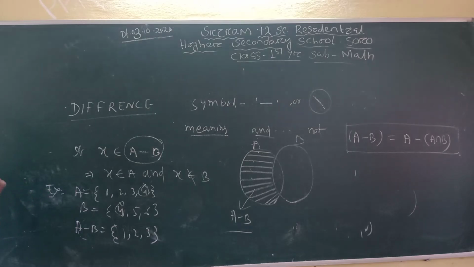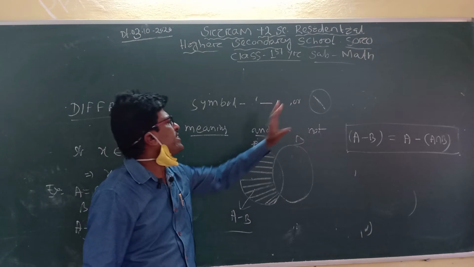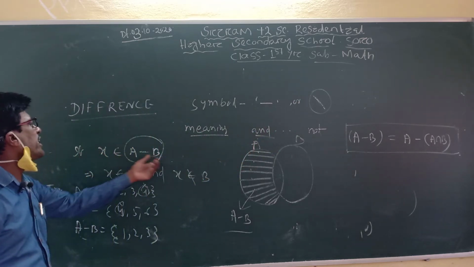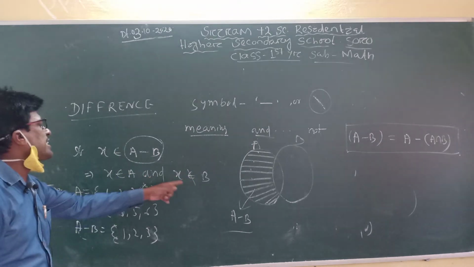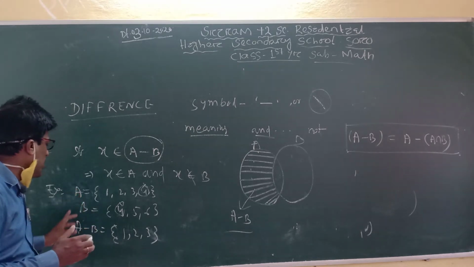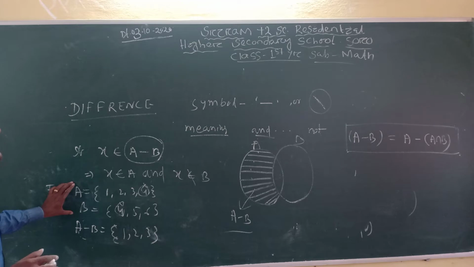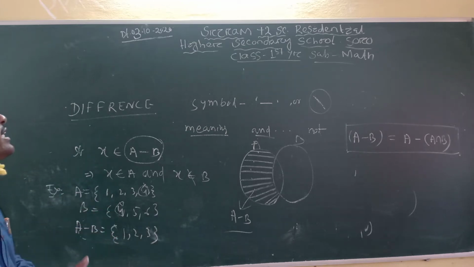Now I am going to tell you some properties of the difference. First, the symbol means 'and not'. Why did I say 'and not'? If x belongs to A difference B, x belongs to A and x does not belong to B. You can also give an example by taking the same example as in union and intersection.